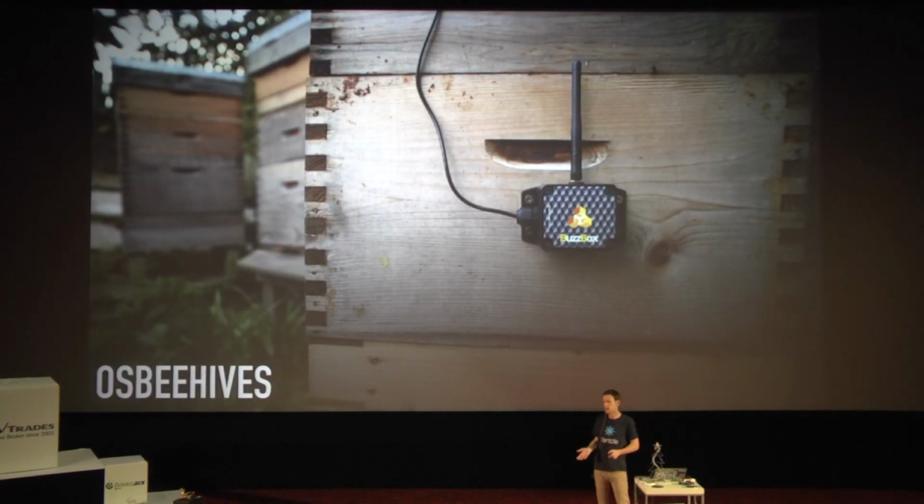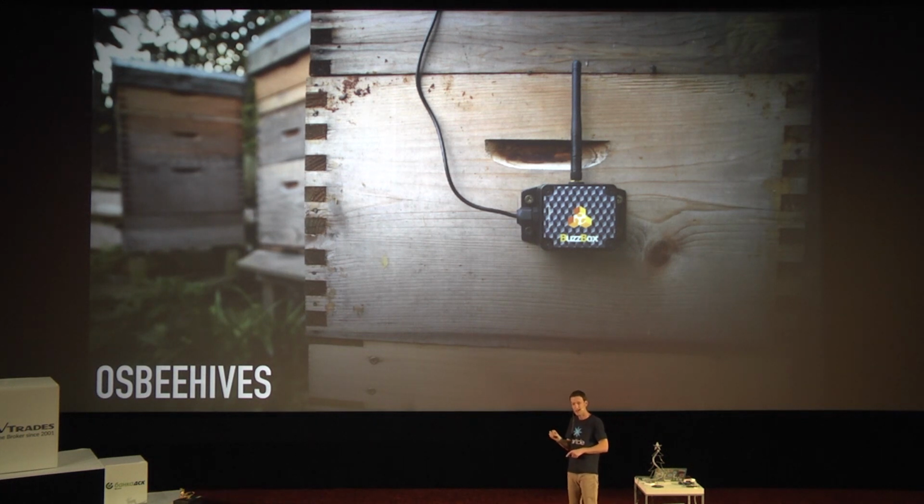Another example is called the BuzzBox from OSB Hives. And the BuzzBox is actually a Wi-Fi connected device that helps monitor the health and safety of beehives. All of the data that they collect is processed in the cloud, and they analyze the sounds that they're hearing from those beehives to determine the health of the hive, whether the queen is sick or has died or has left the hive altogether.